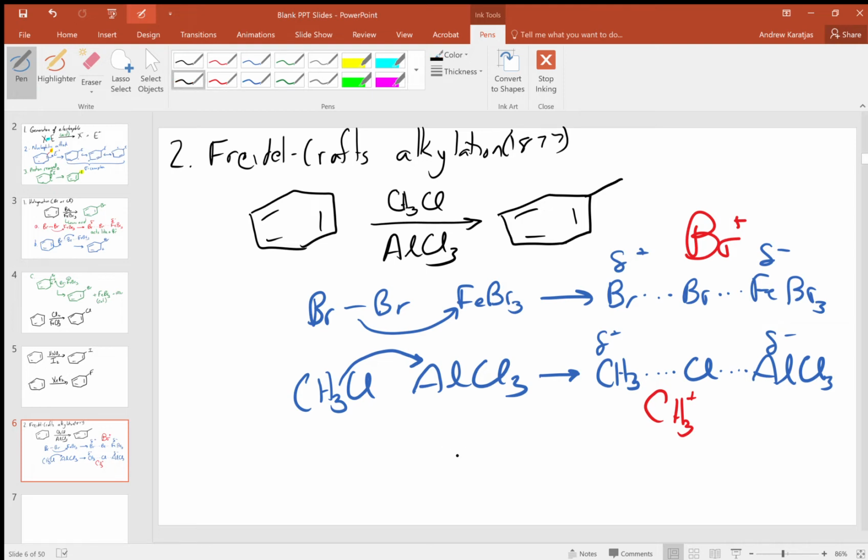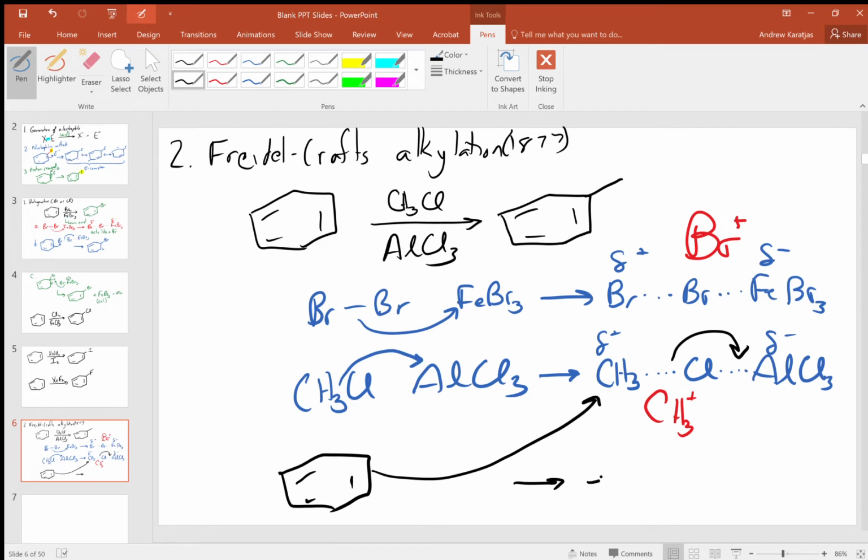And so now that we've done that, our aromatic ring can attack and cause the carbon-chlorine bond to fully break. And so that leaves us with our sigma complex plus AlCl4 minus, which if you recall from halogenation, we had FeBr4 minus. So again, a very, very similar intermediate.